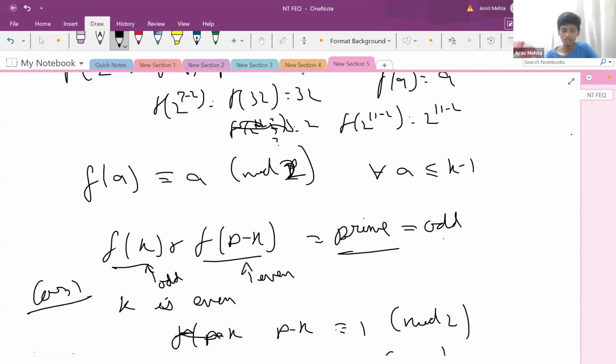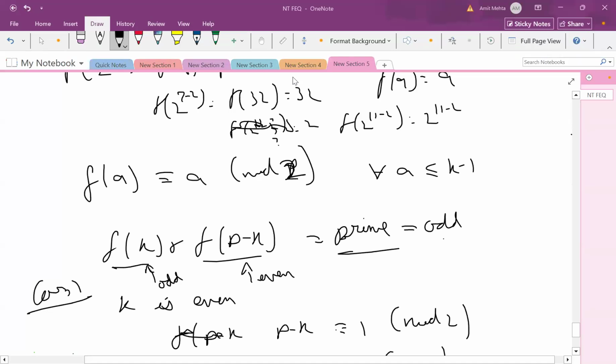And since f is strictly increasing, all of them have to be identical. Is this last part clear? Yeah. Oh, great.